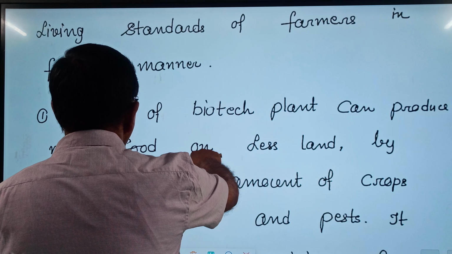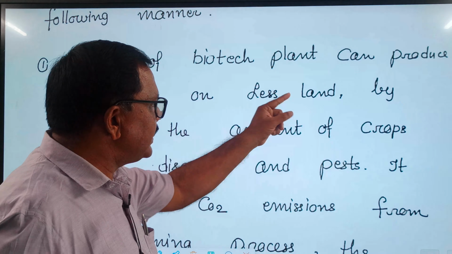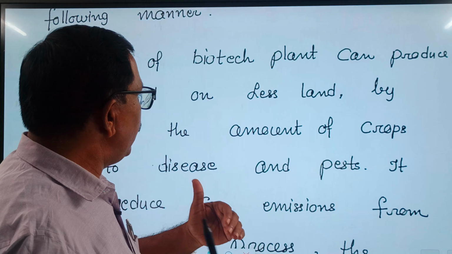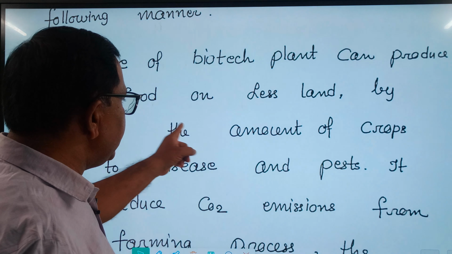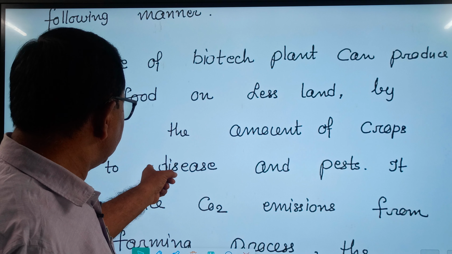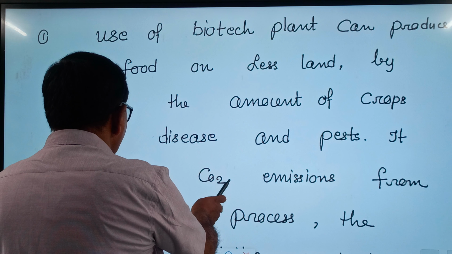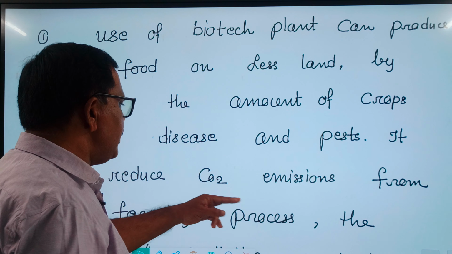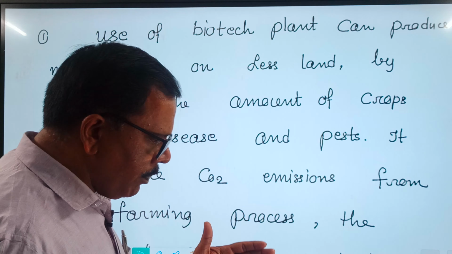First, use of biotech plants can produce more food on less land. By reducing the amount of crops lost to disease and pest, it can reduce CO2 emissions from the farming processes. So these are the important points.